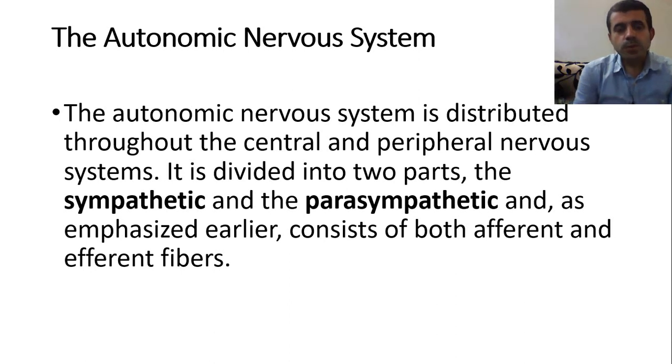Okay, today we continue the neuroanatomy. We will talk about the last subject in the neuroanatomy, which is the autonomic nervous system. The autonomic nervous system is distributed throughout the central and peripheral nervous system.